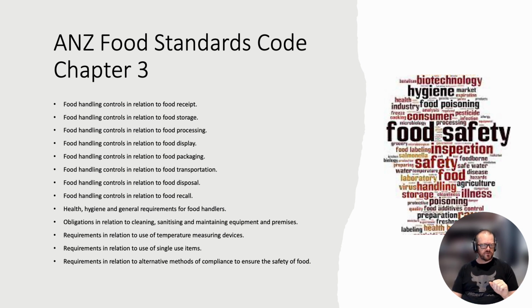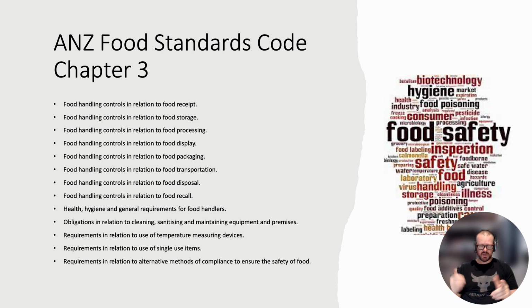Controls in relation to food display. So that's when food is on display: temperature control, the hygiene of utensils, packaging. Controls in relation to food packaging, so this is all around the containers or vessels that we use.